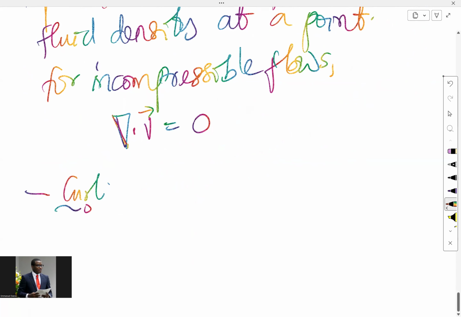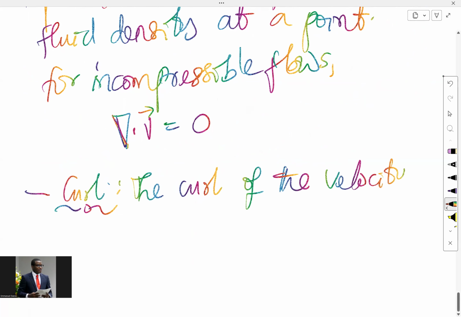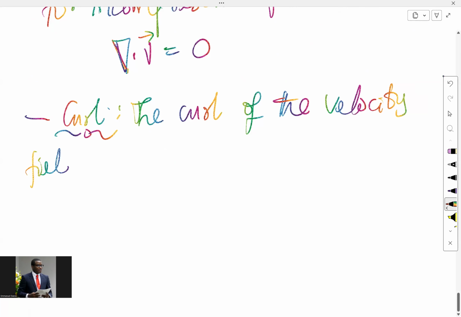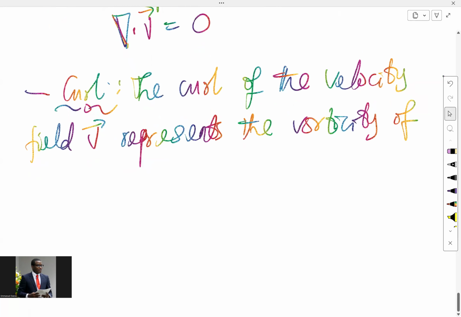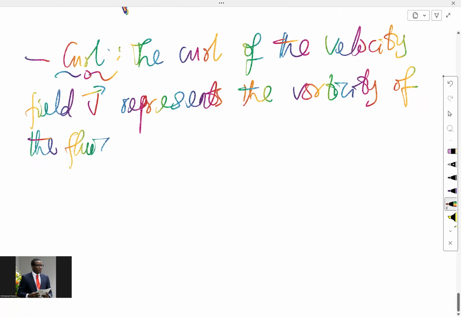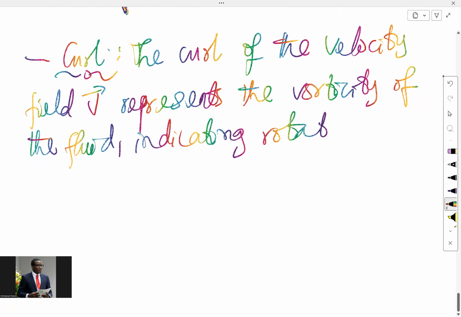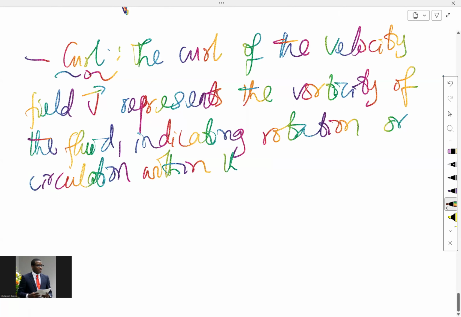So for curl now, we can say that the curl of the velocity field V represents the vorticity of the fluid, indicating rotation or circulation within the fluid.